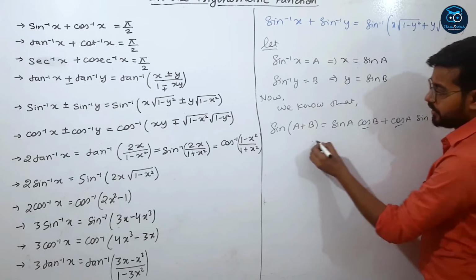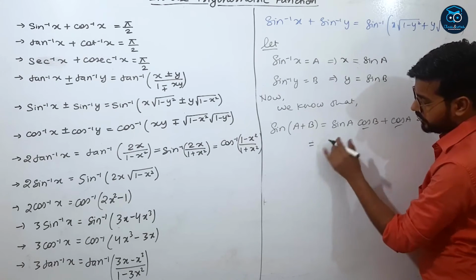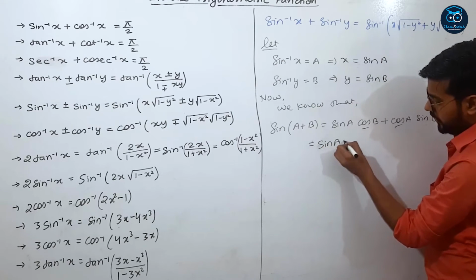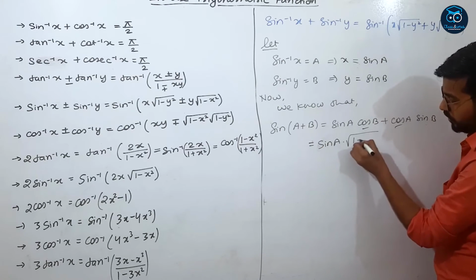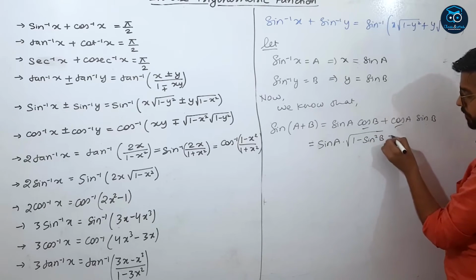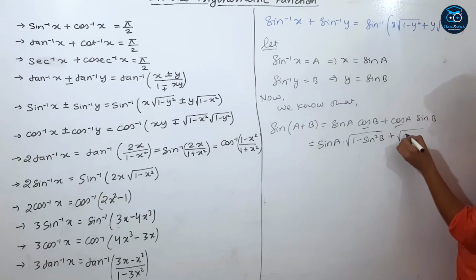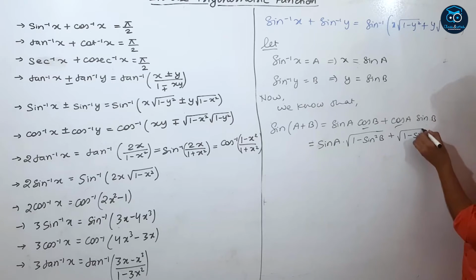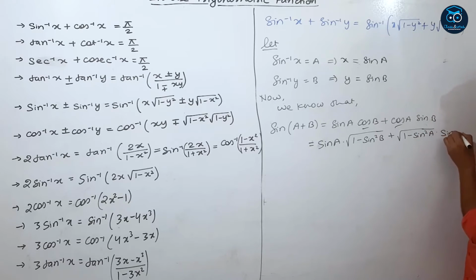So we can write sin A into root of 1 minus sin square B, plus root of 1 minus sin square A, into sin B.